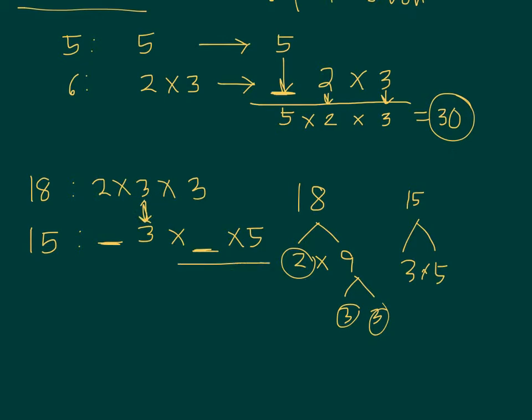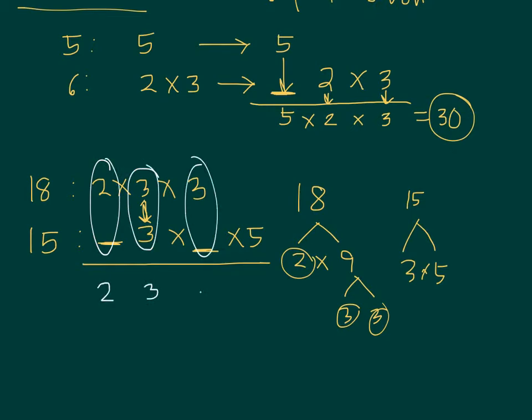Once you do that, all you have to do is to drop each factor. So 2, you have 3, you have 3, and then you have 5. If you have worked on this similar method on HCF, they're very similar in terms of process. They just differ on the last step.